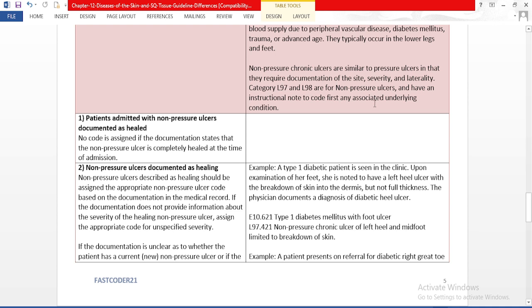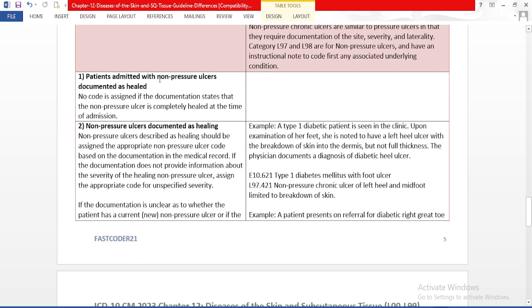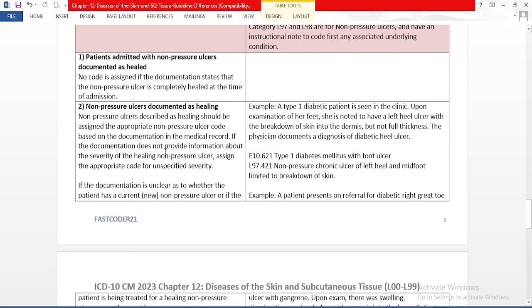We also have a guideline: code first any associated underlying condition if it is a non-pressure ulcer. First guideline, patients admitted with a non-pressure ulcer documented as healed. As usual, if the physician documents the patient has a healed ulcer, we need not code anything. Next, a non-pressure ulcer documented as healing.